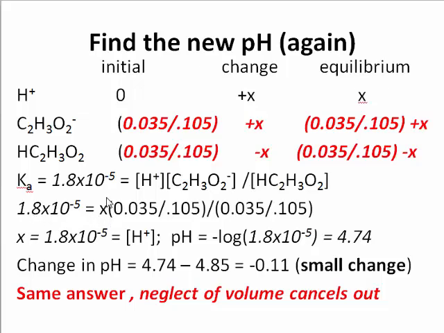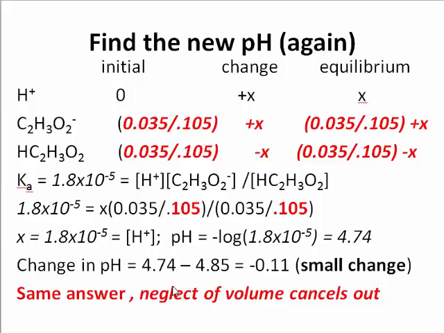1.8 times 10 to the negative 5 equals H+, what we're solving for, times 0.035 divided by 0.105 times 0.035 divided by 0.105. In other words, when we divide moles by volume in the numerator and in the denominator, volume cancels out.